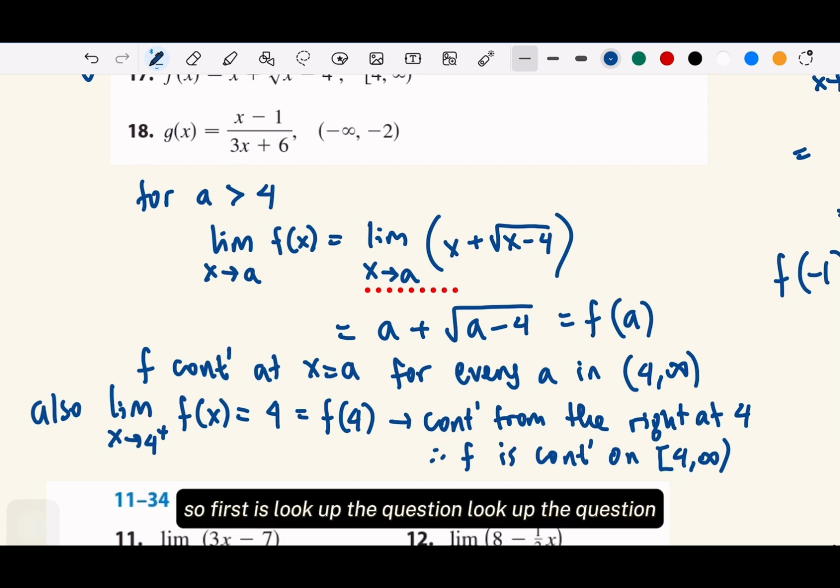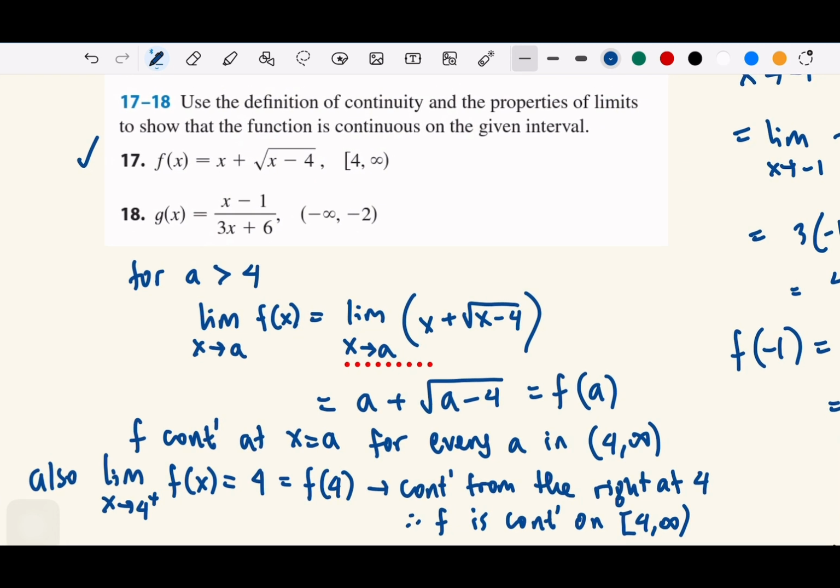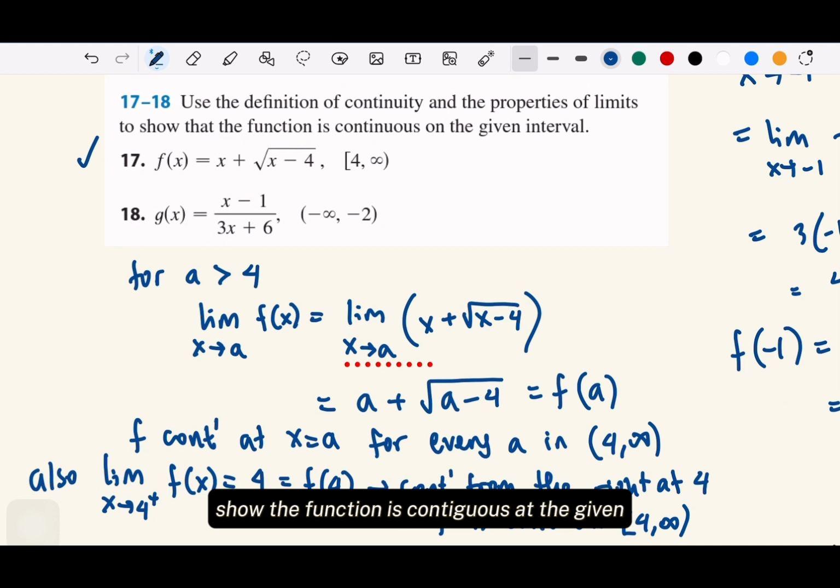So first, look up the question. Use the definition of continuity and property of limit. Show the function is continuous on the given interval. So we have an interval here, and we have to set up some a that is between 4 and infinity, which means that a should be greater than 4.